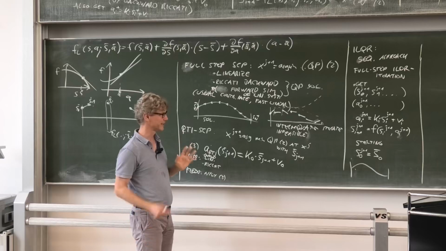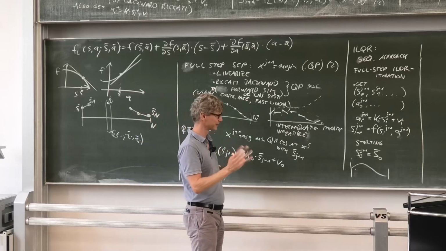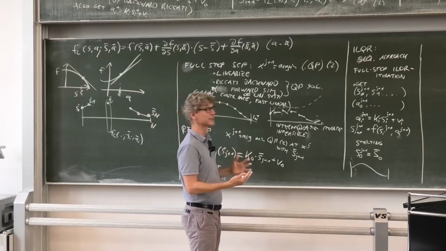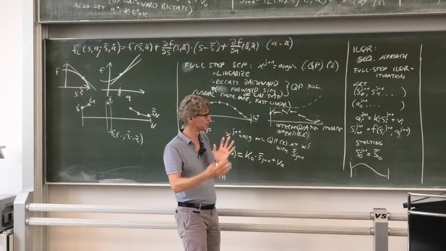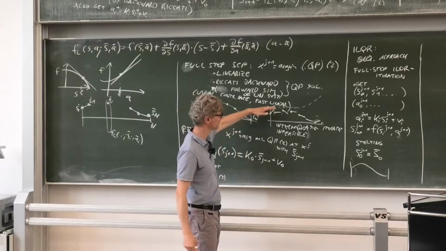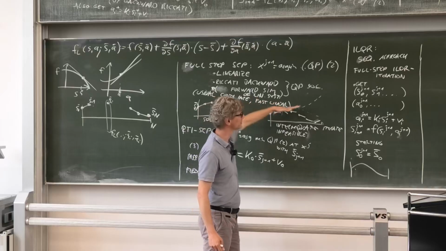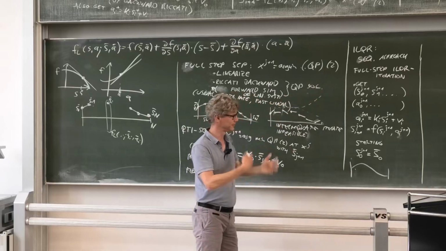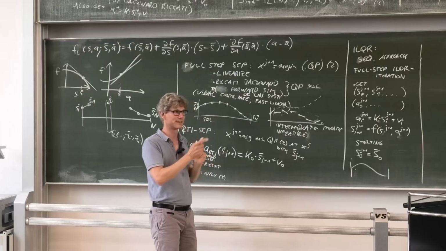But you should treat it with caution, because if your system isn't controllable, for example, or for a moment not controllable at this linearization point, then it might actually be that you still get very far away due to linearization errors.